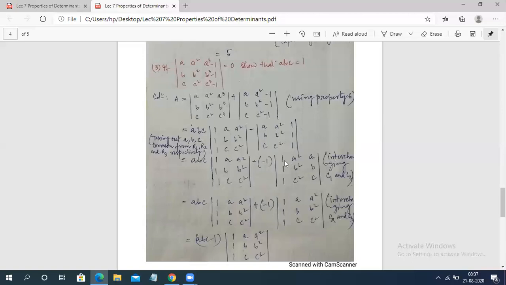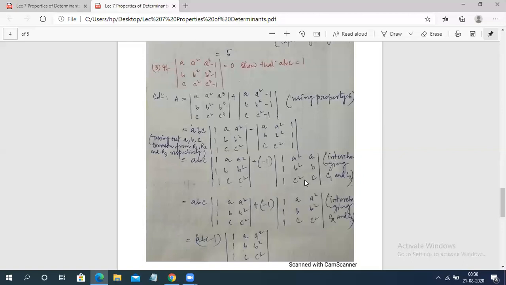After interchanging, it becomes positive, and it is 1, 1, 1; a square, b square, c square; a, b, c. Now if there is another jump, then it will be identical with this determinant.